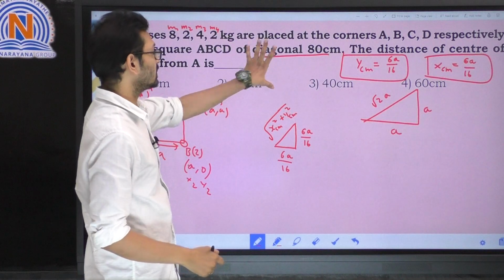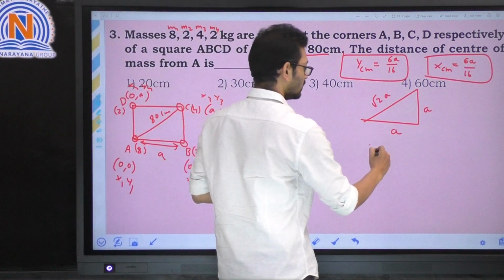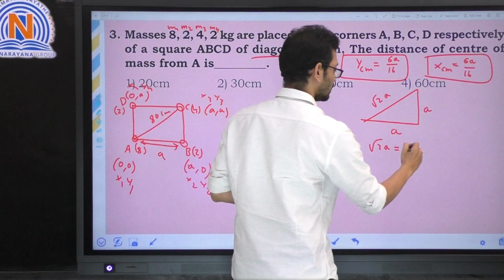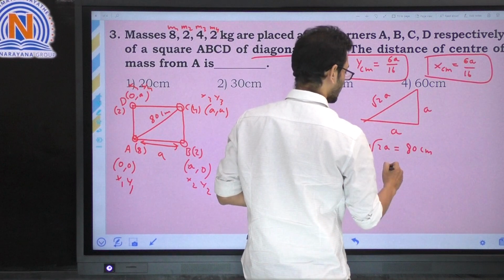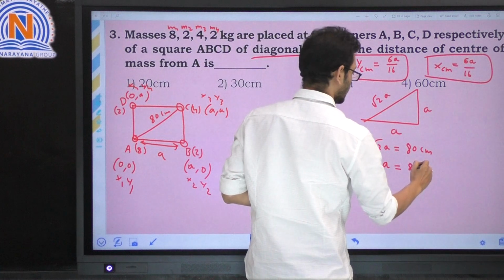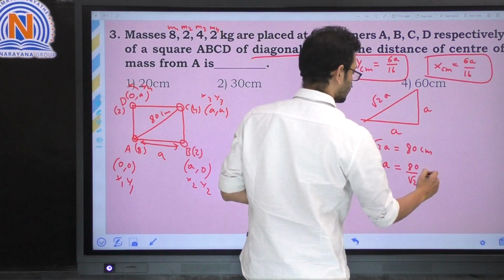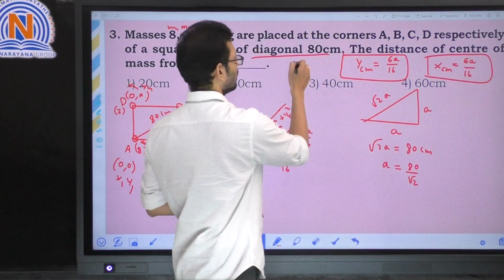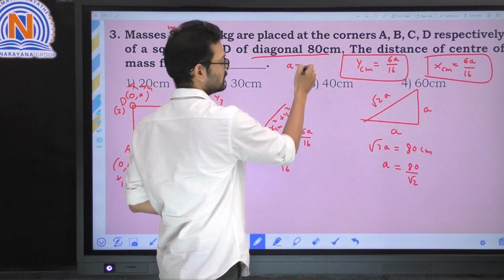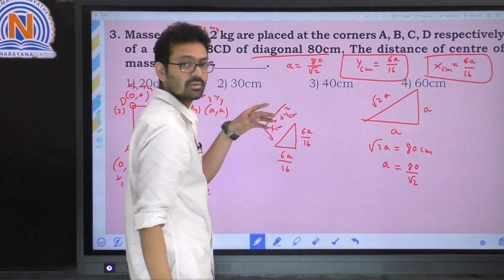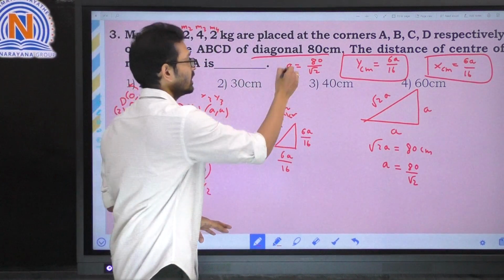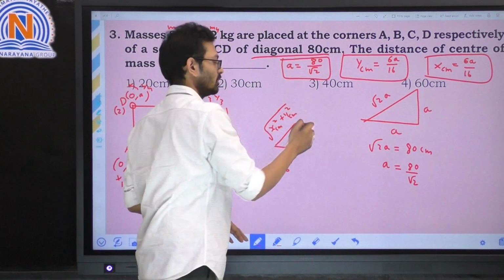From the question, root 2A is equal to 80 centimeters. Now if you try to find A from there, A is equal to 80 by root 2. So I got the value of A also, and I am writing it over here.